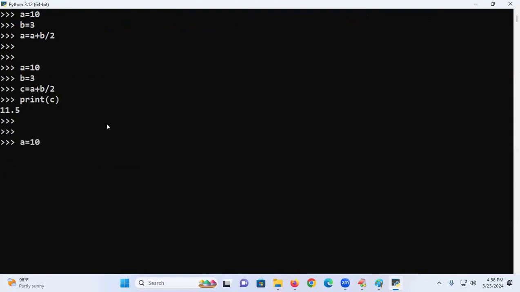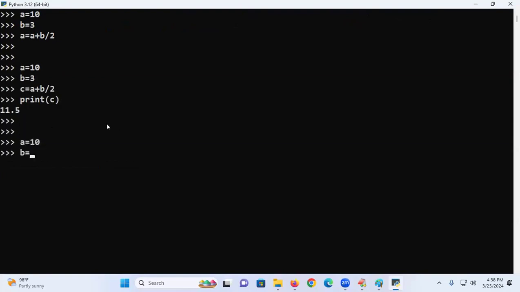Look at that. A is equal to 10, B is equal to 3, C is equal to A plus B by 2. Print this result to see here. What is the answer that is coming? 11.5 is the answer. This is one logic. One more answer is what?